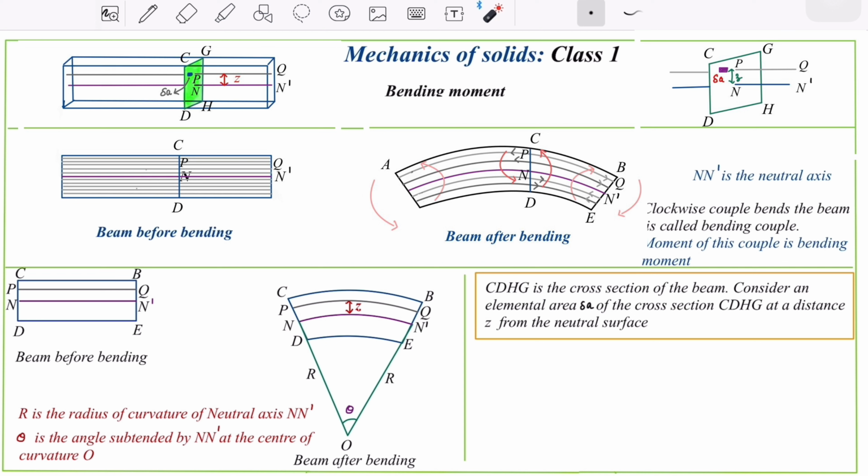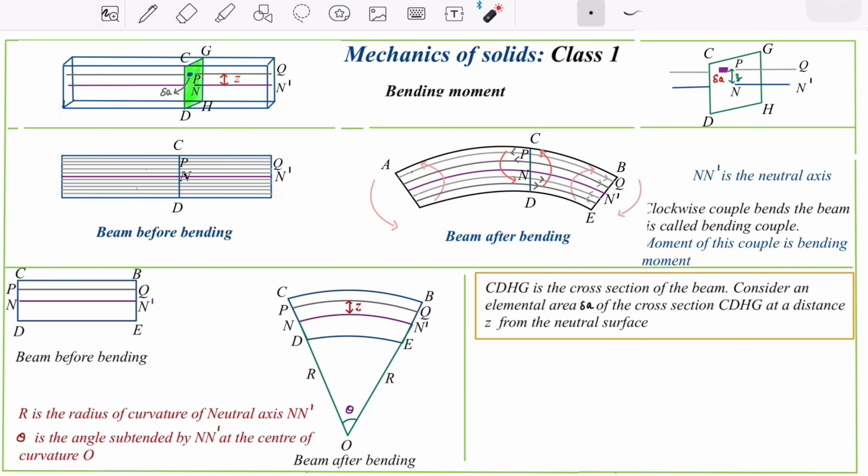That is represented in the figure on the top left and the top right. You consider a small area delta A on the cross section which is at a distance Z above the neutral axis. That means the filament PQ should pass through this area delta A. So we are going to find out the expression for bending moment.